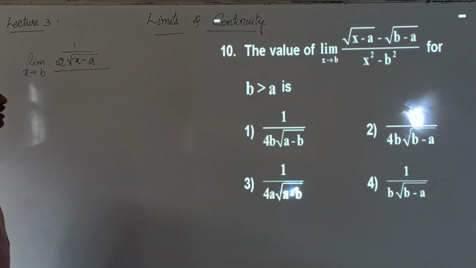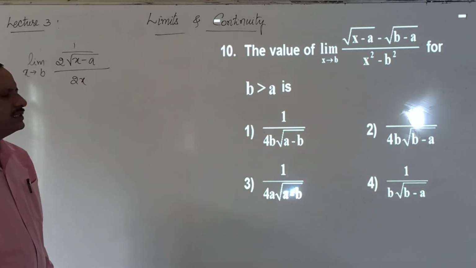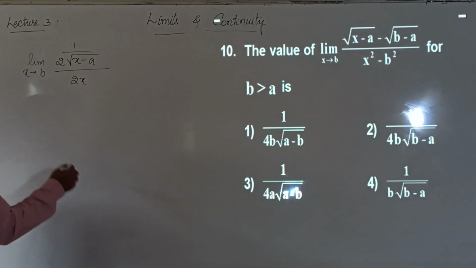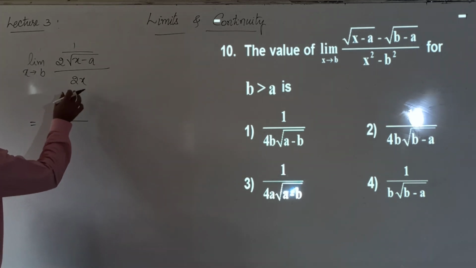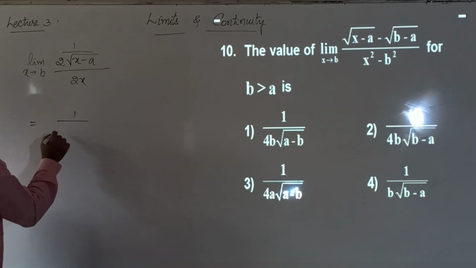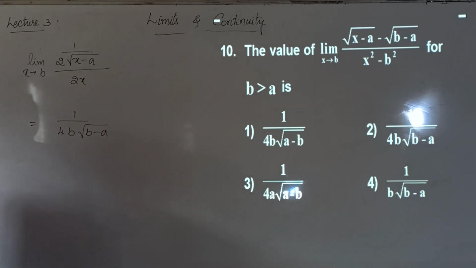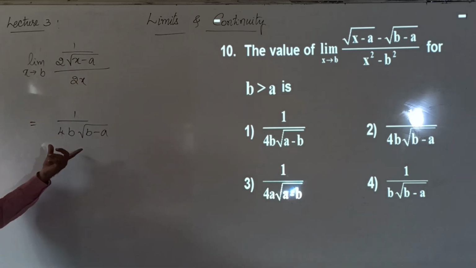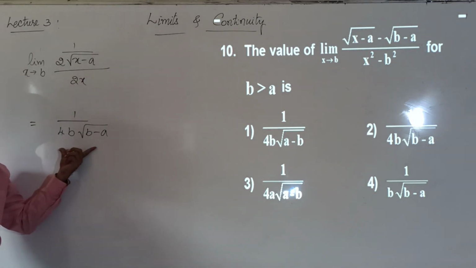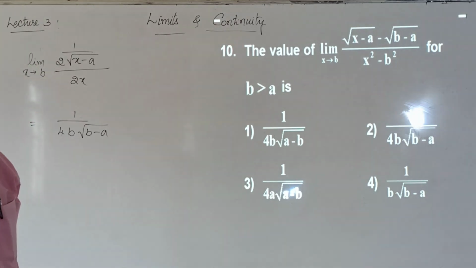Divided by, in the denominator, the derivative of x square is 2x, and the derivative of b square is 0. Now applying the limit as x tends to b, we get 1 by 2 root b minus a, divided by 2b. Together, I can write this as 1 by 4b into root b minus a, which is the second option.